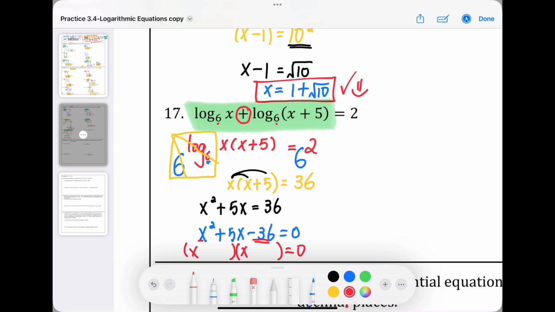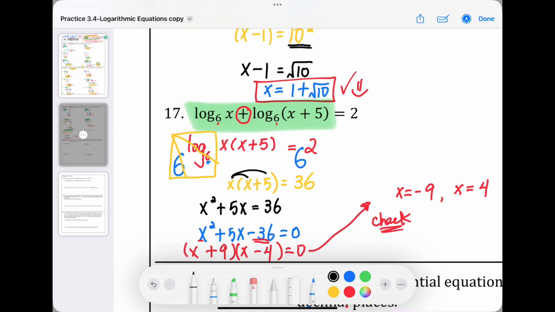So x times x will be x squared. What two numbers multiply to give me negative 36 and add up to 5? That will be positive 9 and negative 4. Now that gives you inspiration. Ms. Ong, I will have two answers. One is x equals negative 9 and one is x equals 4.